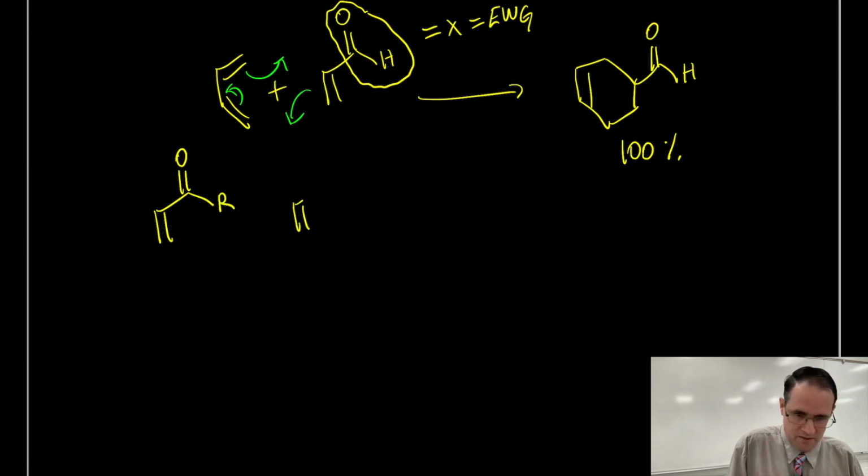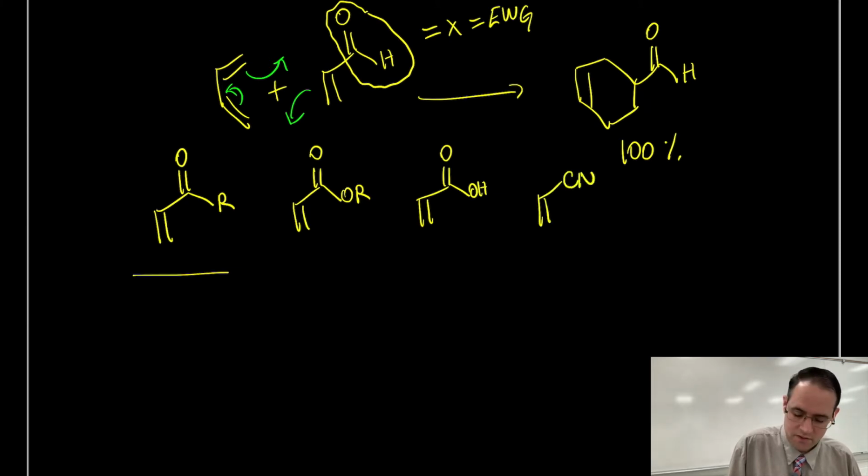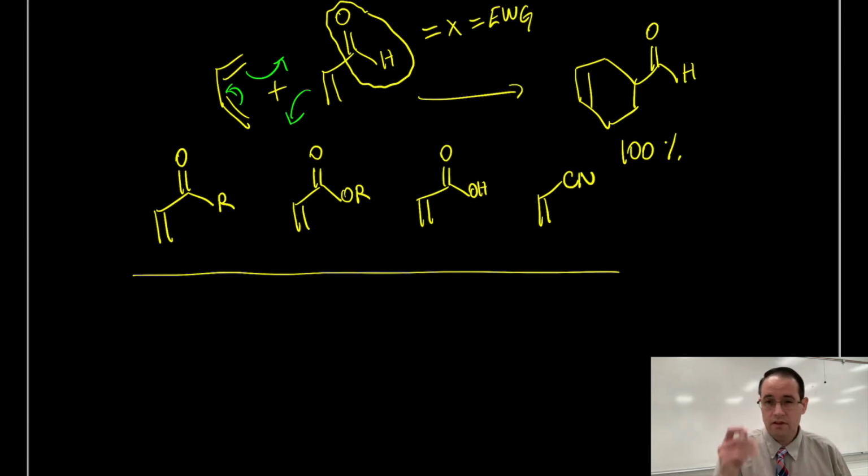They could be various ketones. You can have esters. You can have carboxylic acids. And you can have nitriles, okay? So these are all suitable dienophiles that make the reaction happen much faster and at milder reaction conditions, okay?